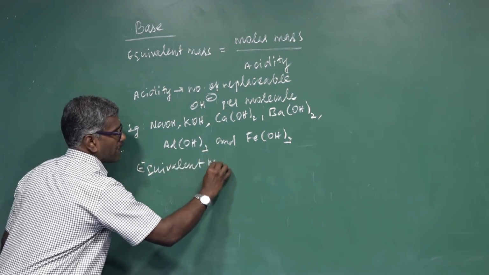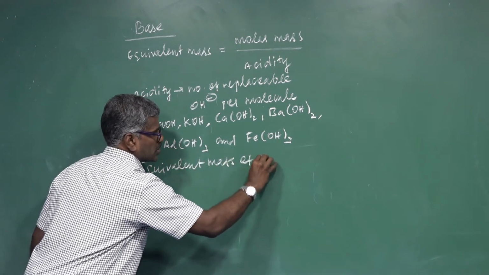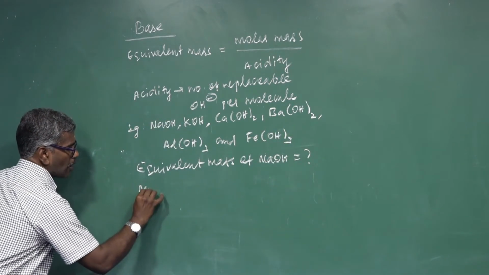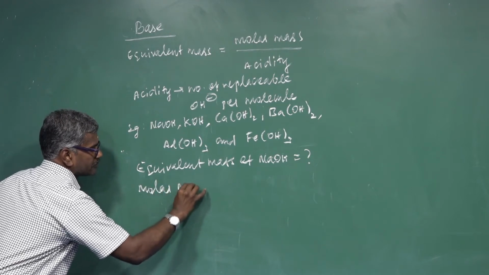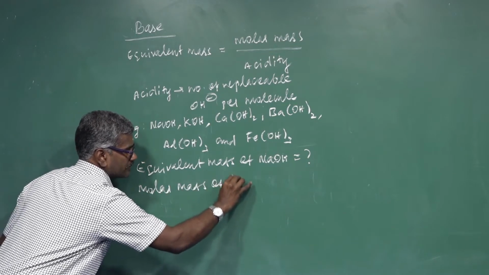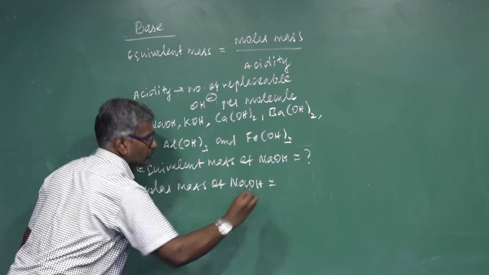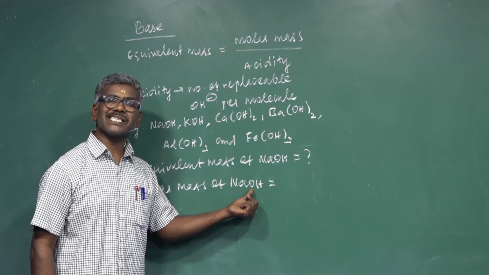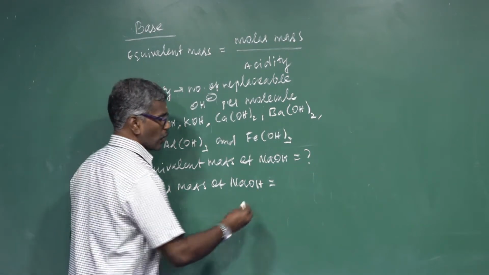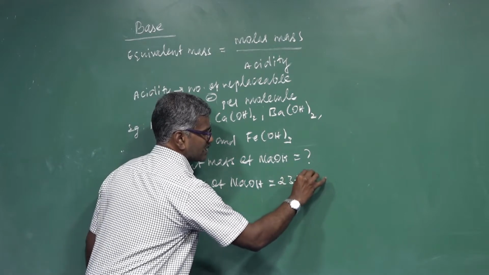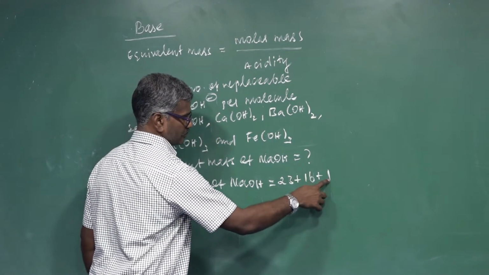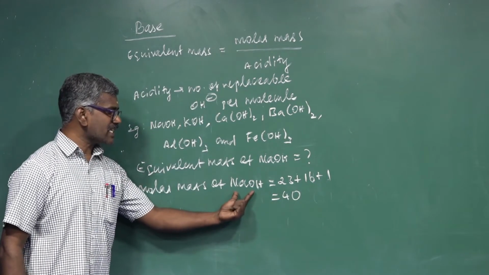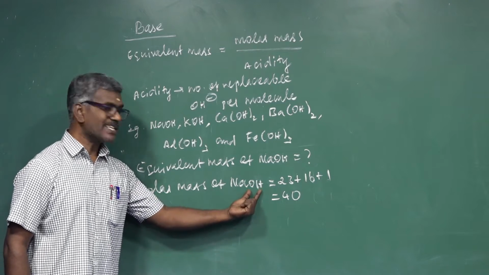Equivalent mass of NaOH. First find the molar mass of NaOH. Sodium molar mass 23, oxygen molar mass 16, hydrogen molar mass 1. So 23 plus 16 plus 1 is 40. What is the acidity of NaOH? 1. What is acidity?